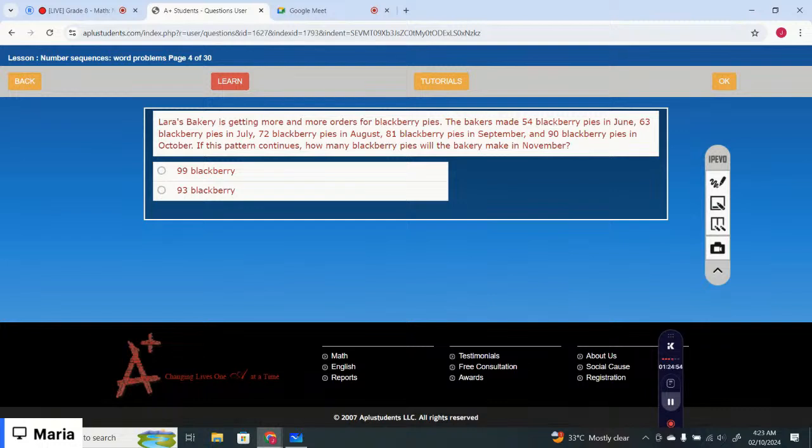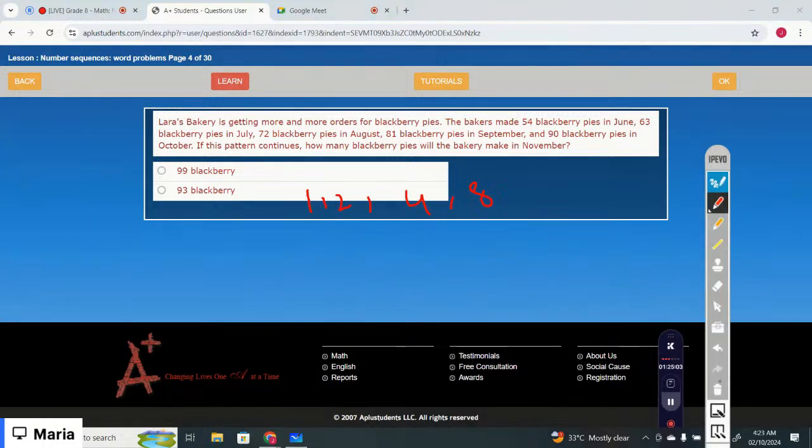Lara's bakery is getting more and more orders for blackberry pies. The bakers made 54 blackberry pies in June, 63 in July, 72 in August, 81 in September, and 90 in October. If the pattern continues, how many blackberry pies will the bakery bake in November?